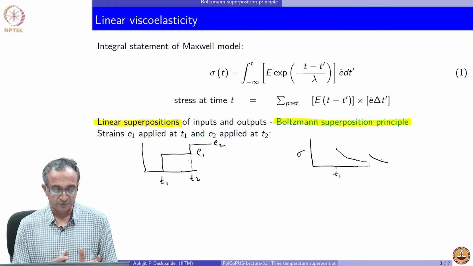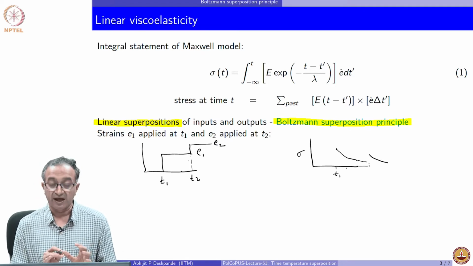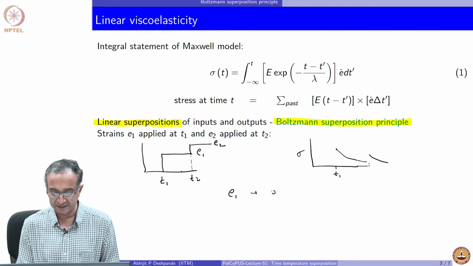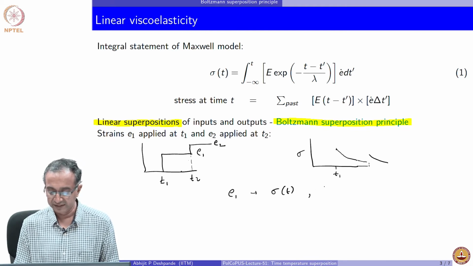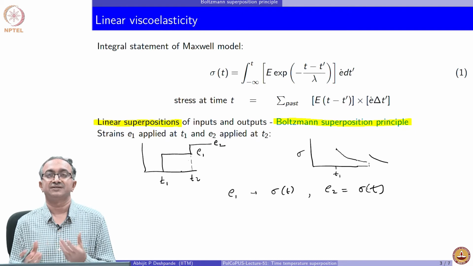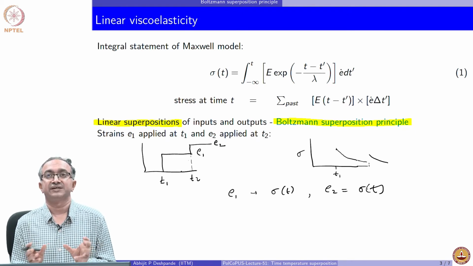So whenever I change T1 and T2 the overall stress response will keep on changing, but I can solve this problem first by just looking at E1 and sigma as a function of time, and then looking at E2 and sigma as a function of time, and then knowing when E1 and E2 are applied, I can just add and subtract or shift these stresses and I will get the response.